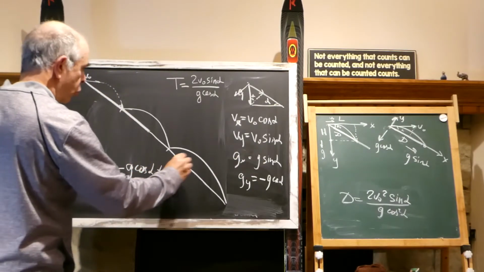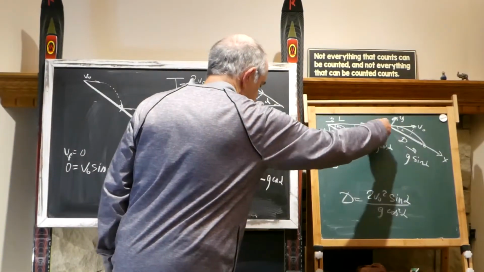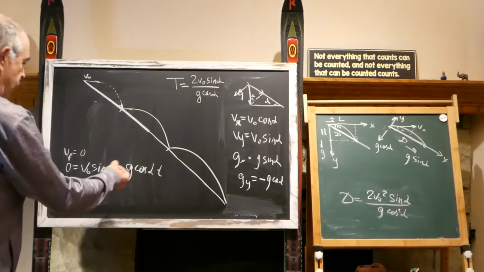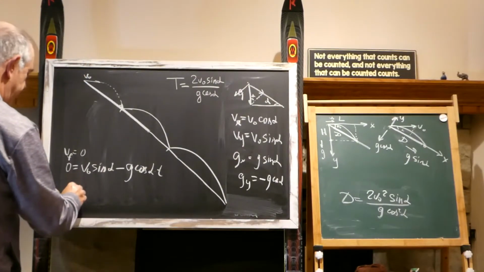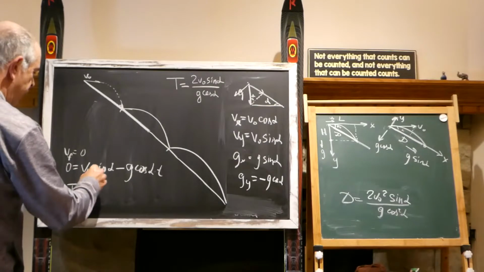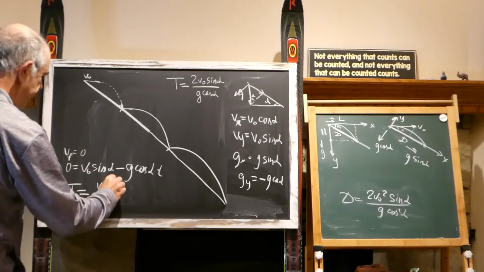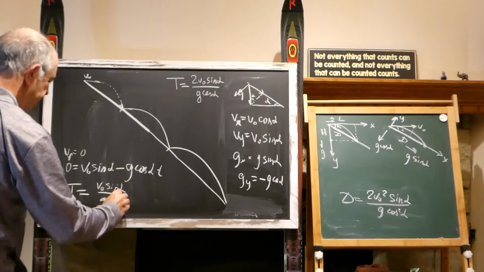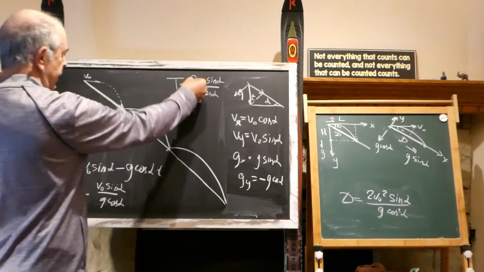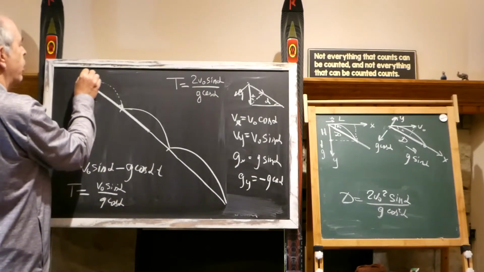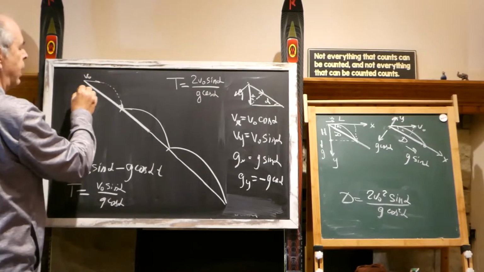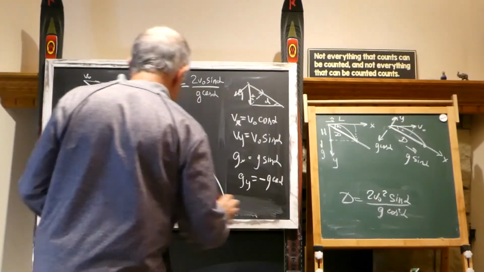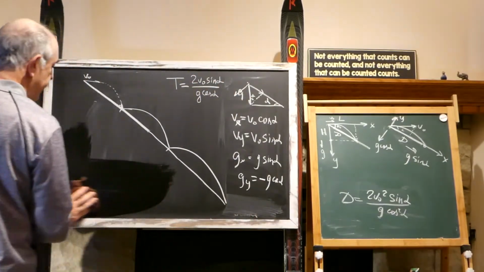In this system of coordinates, g is this, it's negative, and this is g cosine alpha like in this picture. So one way or another, we immediately have time equal v0 sine alpha divided by g cosine alpha, and we multiply by 2 because we go up in this direction and we go down, and it takes twice as much time. And that was our way of thinking.